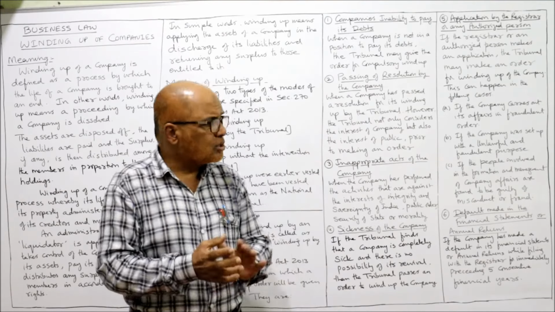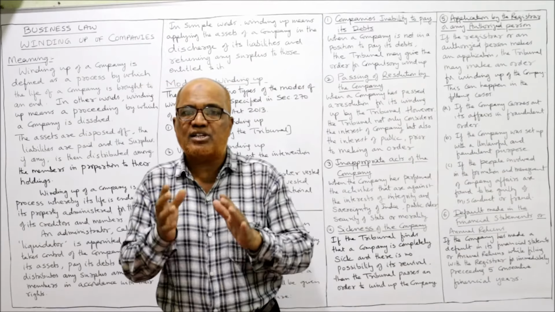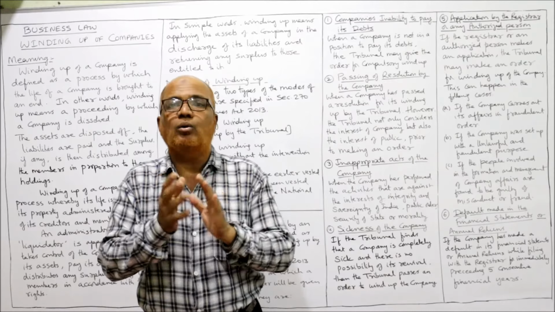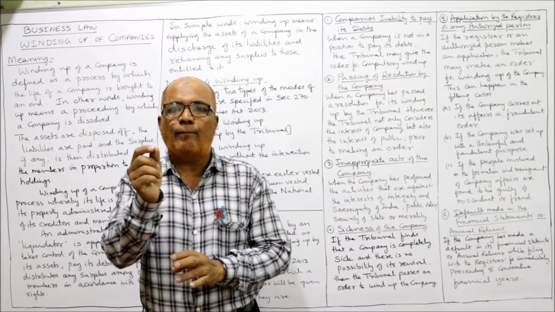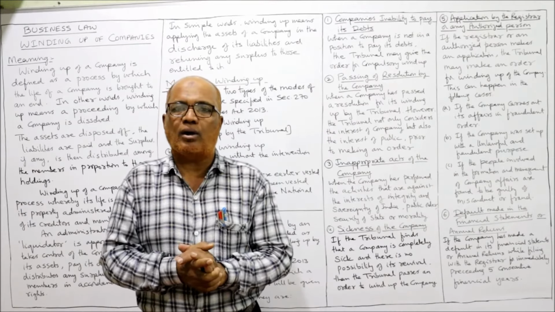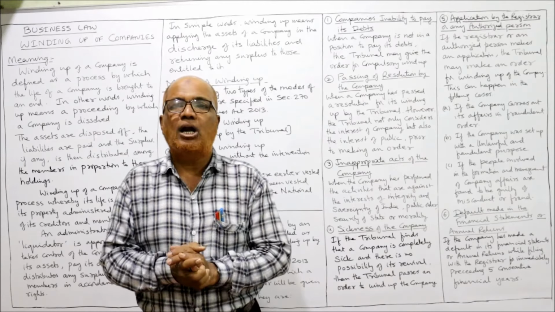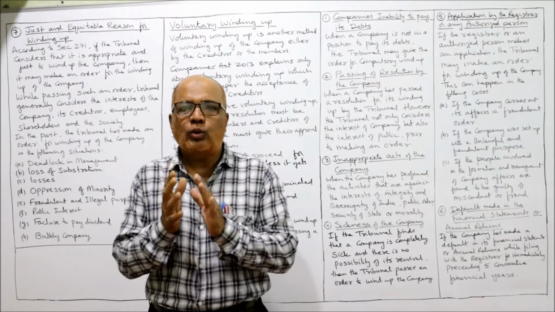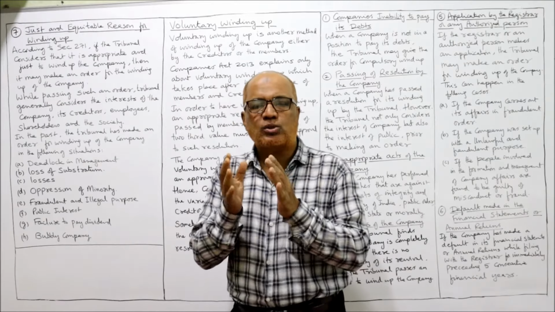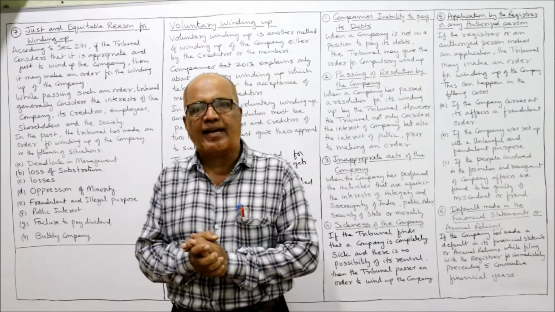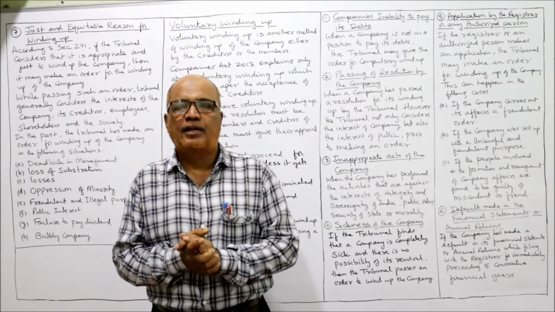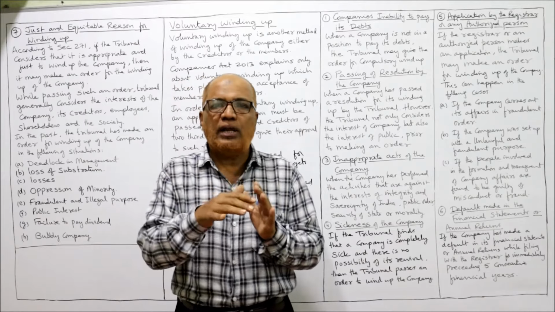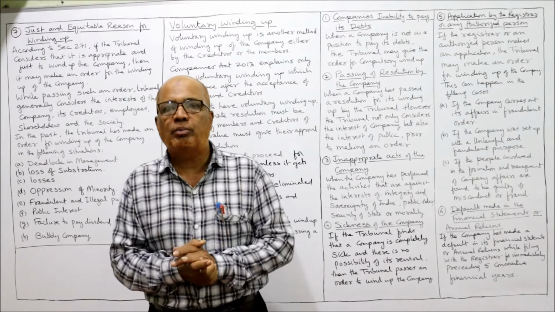That's all. So totally 6 cases I have explained regarding the grounds on which a compulsory order to wind up the company will be given by the tribunal. We have discussed there are 2 types of winding up: first, compulsory winding up, and second, voluntary winding up. Compulsory winding up is the winding up in which the tribunal orders that the company should be wound up.